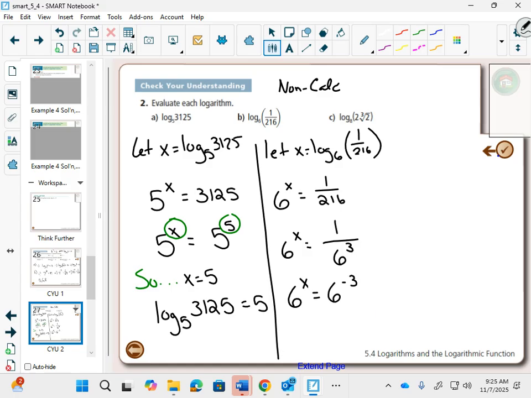And then I can use my negative exponent law, so I get the same base on both sides. This is our goal. If we can get the same base on both sides, then the exponents have to be equal. And we can say, so x would have to be equal to -3.